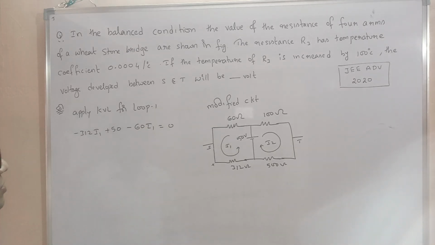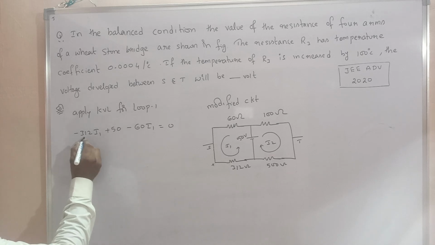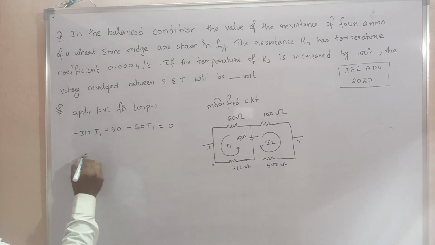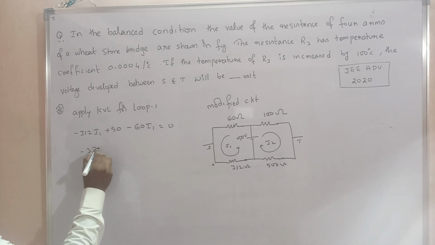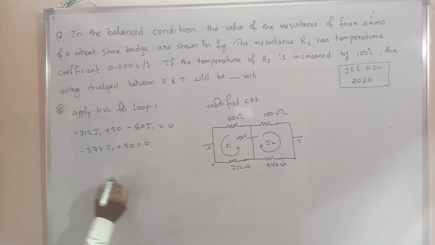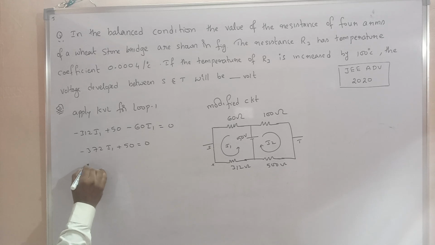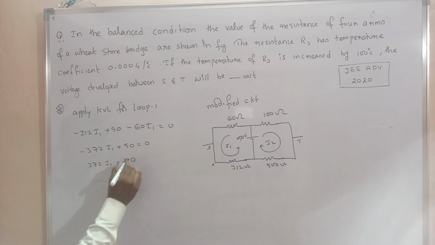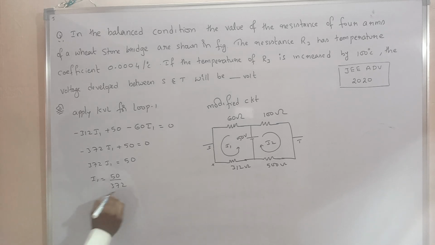So minus 372 I1 plus 50 is equal to 0. So 372 I1 equals 50, and I1 is equal to 50 by 372.